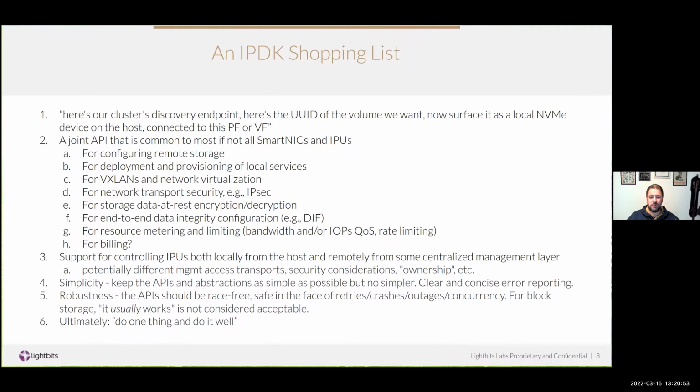This is absolutely mandatory, because I mentioned that the CSI plugin orchestrates everything. The CSI plugin itself is driven by Kubernetes, and Kubernetes will retry, will run concurrent instances of the plugin, will crash. There's nothing that we could do about it.